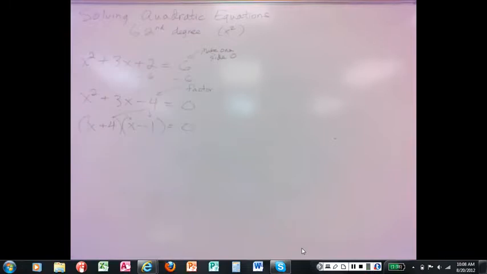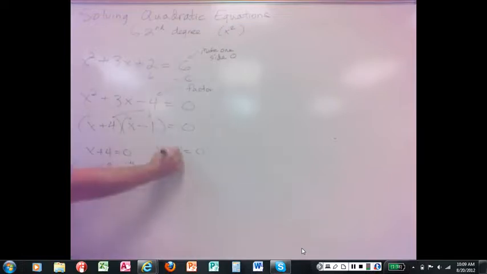Okay? Now what, though? Well, to get the actual answers, two things multiplied together equals 0. Either your first one equals 0 or the second one equals 0. So you set each factor to 0, right? And then solve those accordingly. This is then just subtract 4 both sides. X is negative 4.